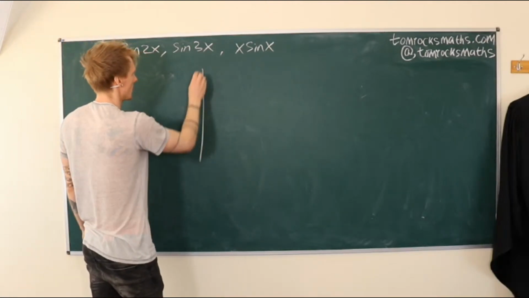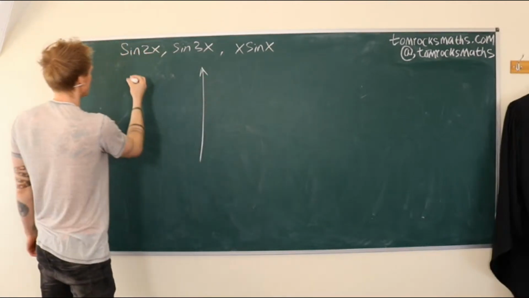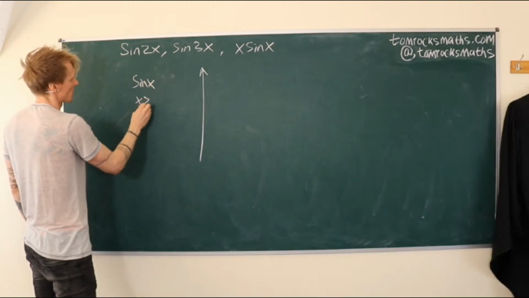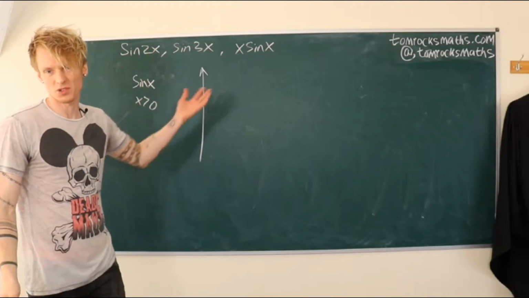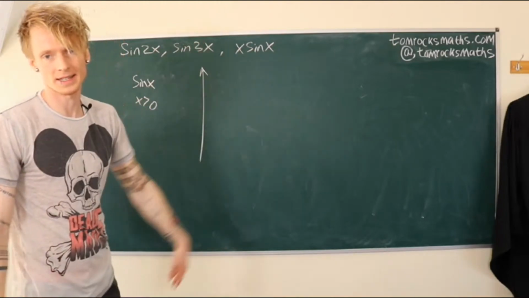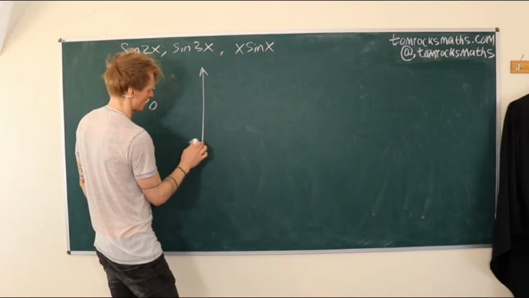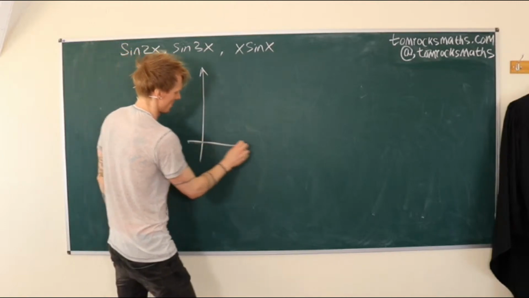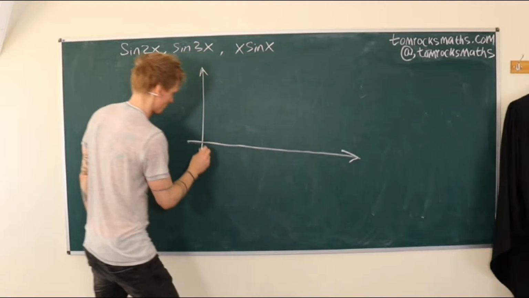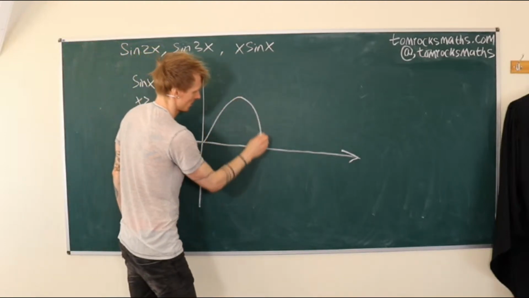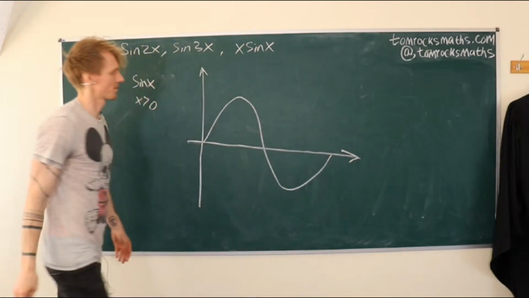So I'm only going to consider x positive, just because it doesn't really matter. It will be reflected in the axis, but we'll concentrate on x being positive for now. And think about what's happening. So sine looks like that.